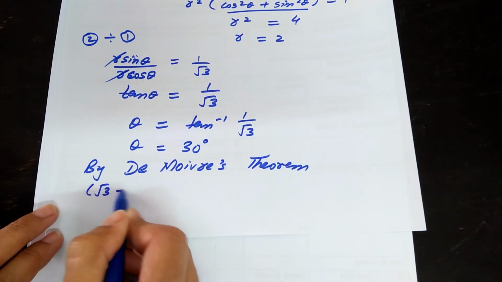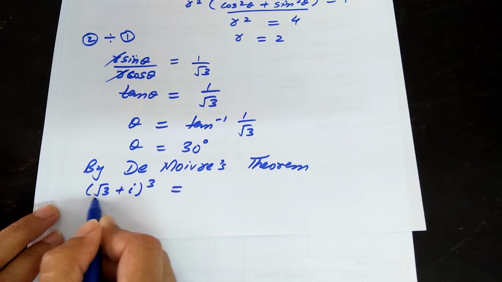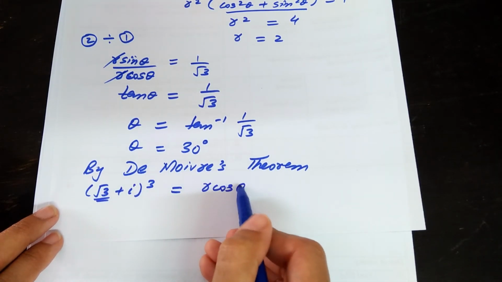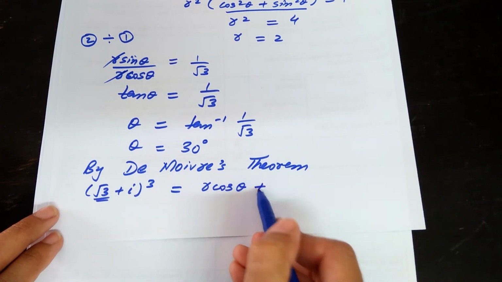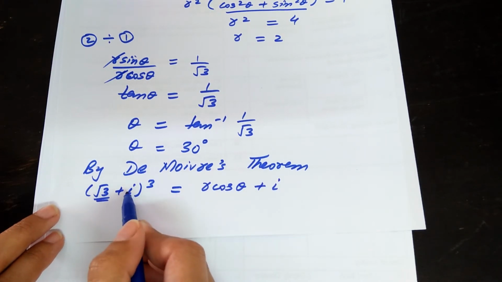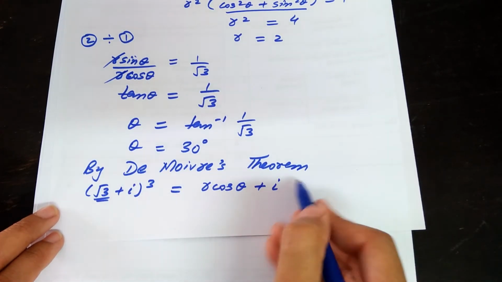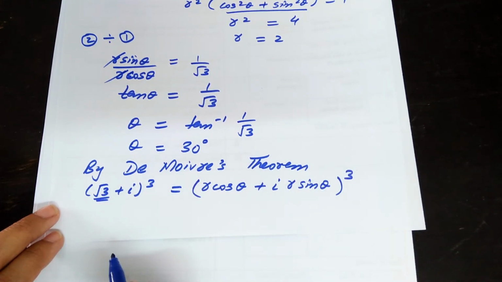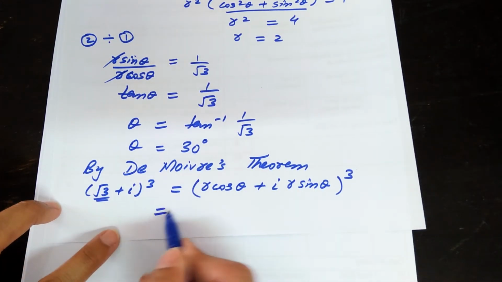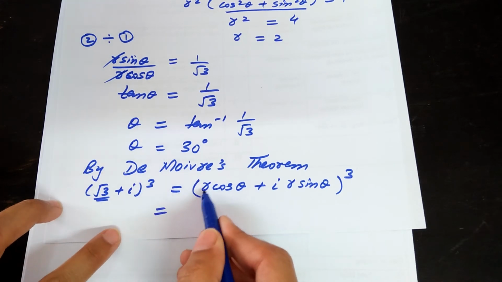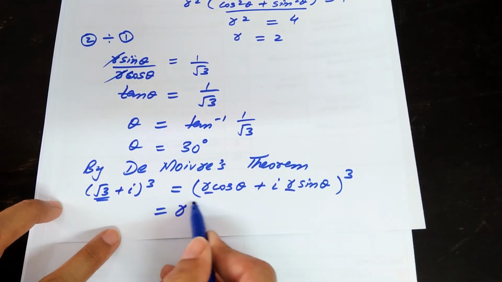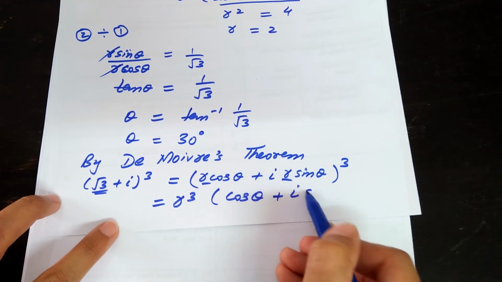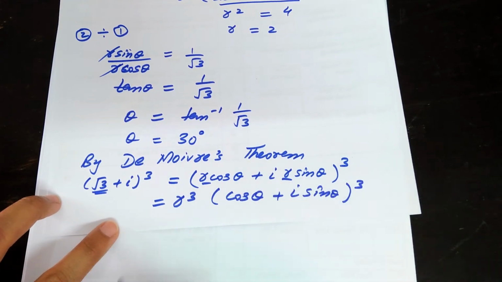Our under root 3 was r cos theta, and the imaginary part is r sine theta, raised to power 3. Now r can be taken out as common. It will be r cube, and inside we are left with cos theta plus iota sine theta whole cube.